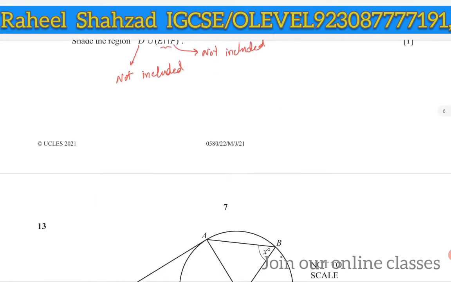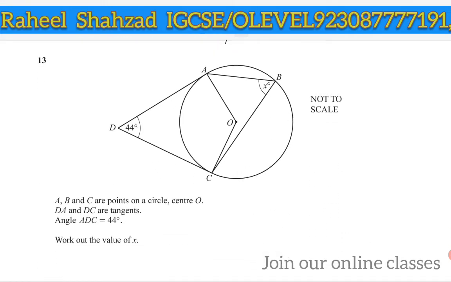Okay, next part, this is a circle question. So A, B and C are points on the circle with center O. These are tangents that make 90 degrees. Okay, 90 and 90, this is radius. Angle ADC is 44 degrees. Okay, from circles we know that if this is tangent, this is also tangent, this is center, this is alpha, and this angle is beta.